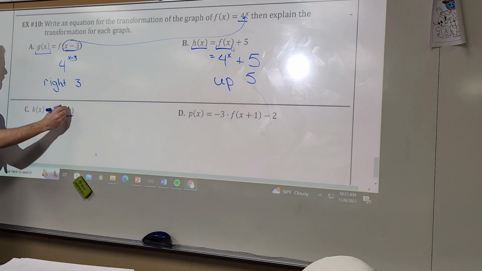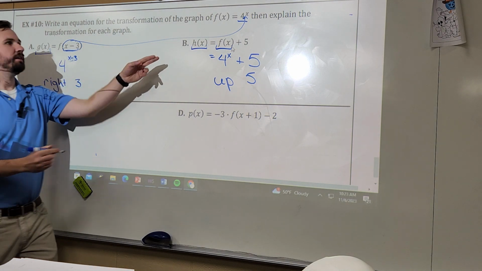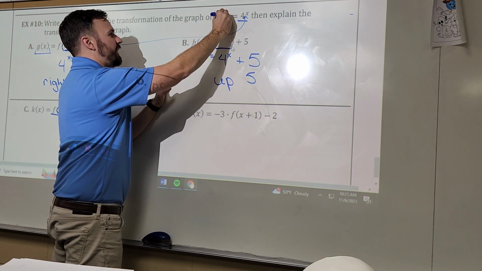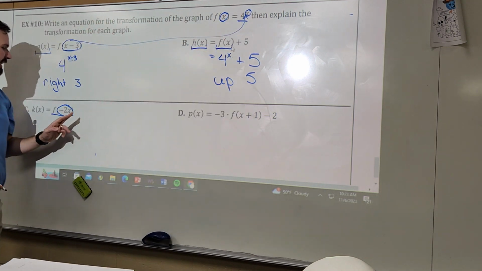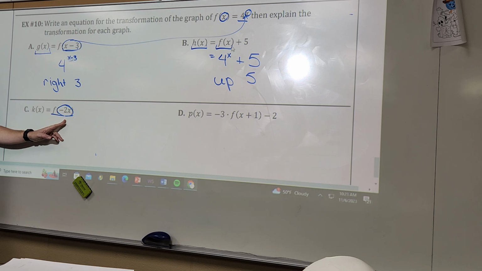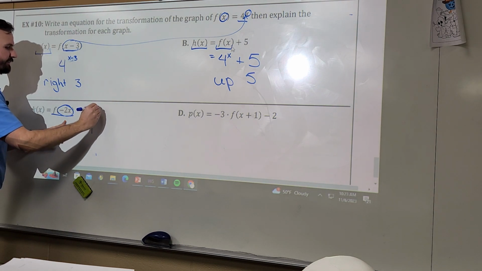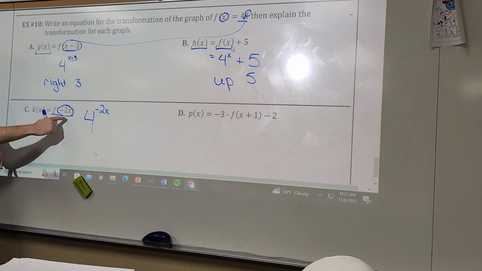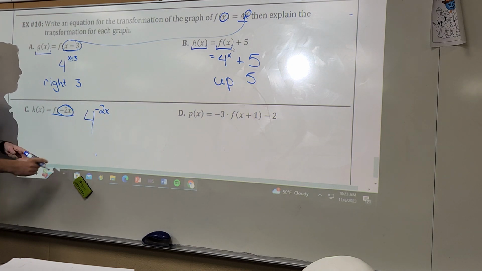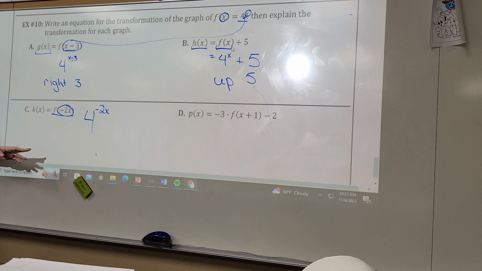So this is saying f of negative 2x. Do you see how this is f of x? We plug in an x. If it's f of negative 2x, we plug in a negative 2x, right? We plug that into our function. How many things is this doing to our function?